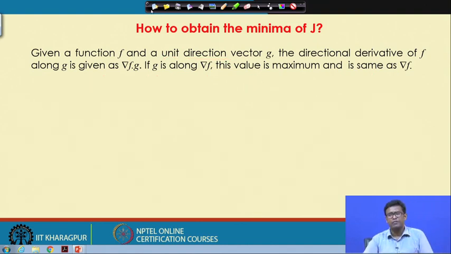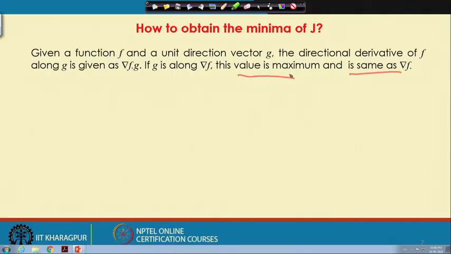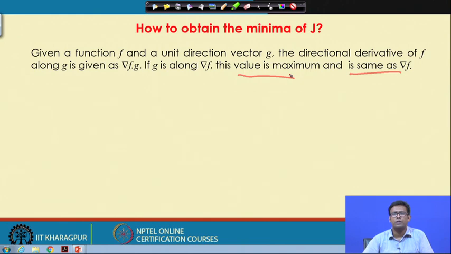So, given a function f and a unit direction vector g, the directional derivative of f along g is grad f dot g, and grad f gives the maximum rate of change of f along any direction. It is maximum along the direction of grad f, and the maximum value is mod grad f.